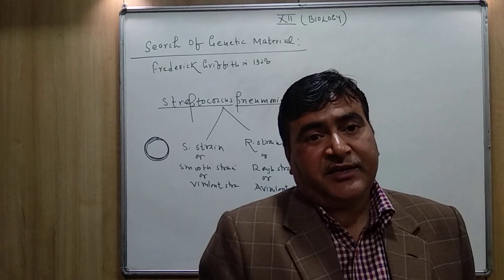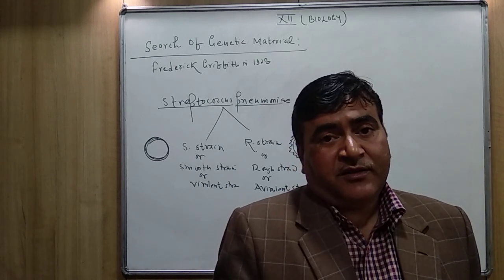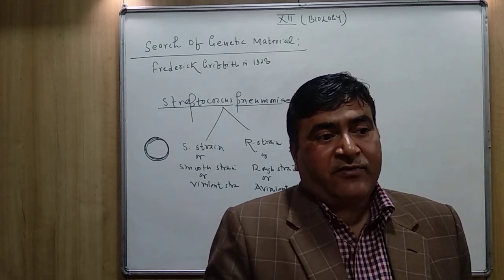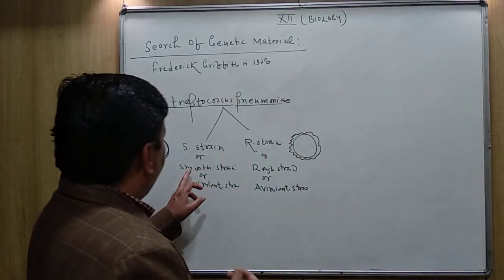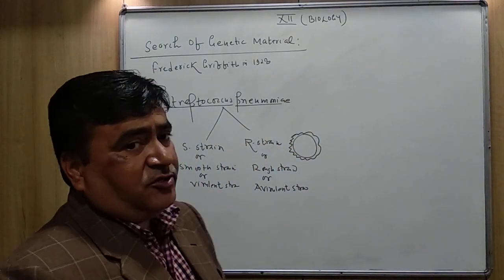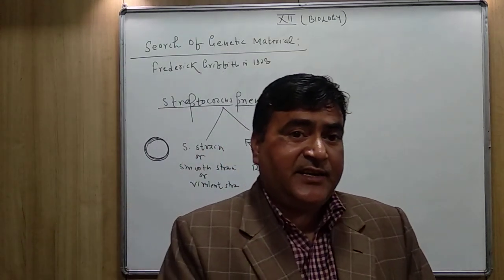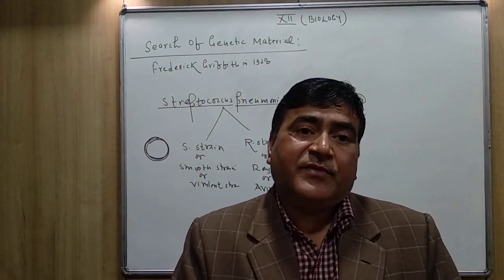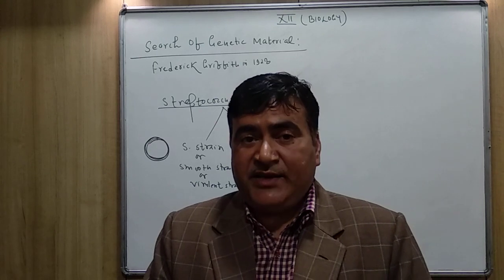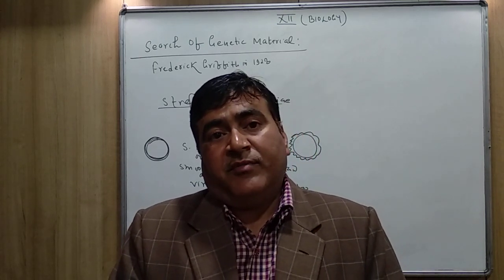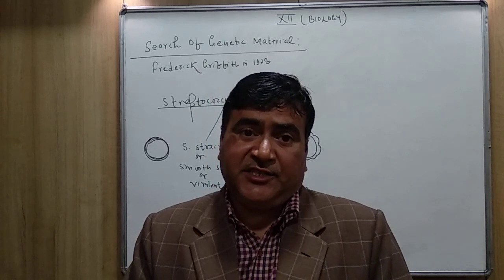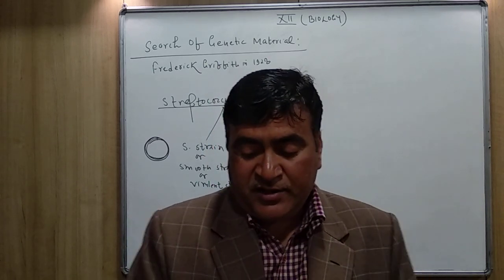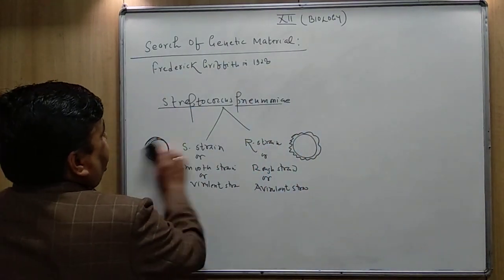And if the strain is unable to cause disease, it is called an avirulent strain. When he injected the S strain into mice, the mice died because of a disease called pneumonia. Let me make the diagram here.